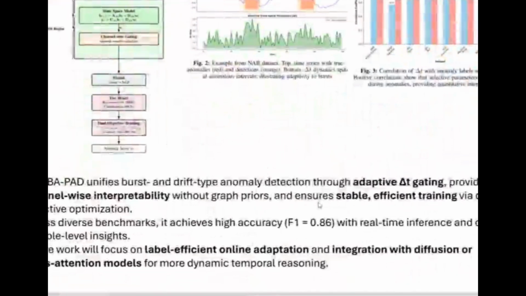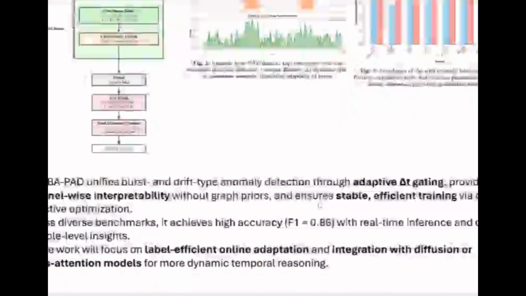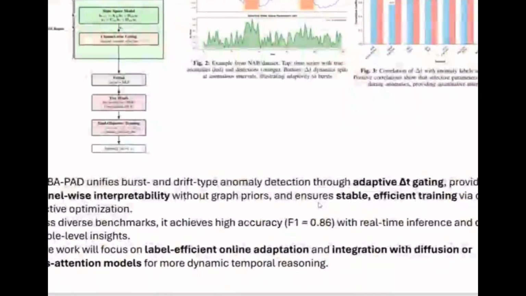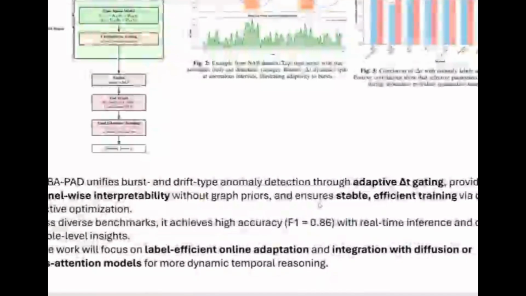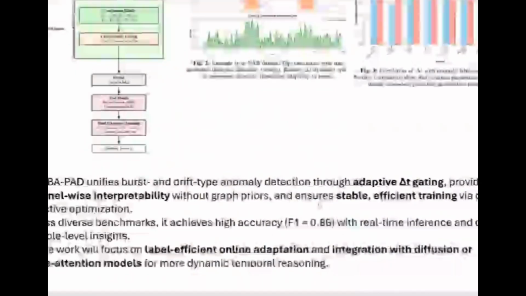To summarize, MAMBA-PAD extends selective state-space models to anomaly detection by introducing adaptive delta gating, and provides channel-wise interpretability and stabilized dual objective training for robustness. It also achieved high accuracy, real-time speed, and clear variable-level insights across multiple domains.